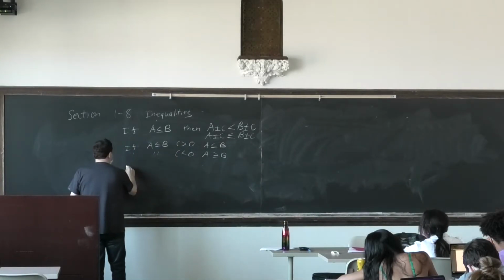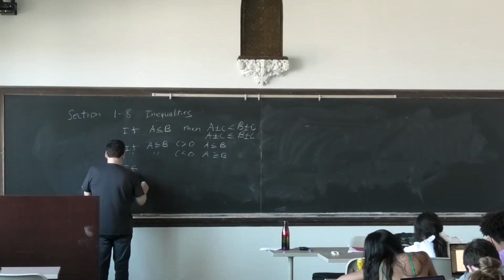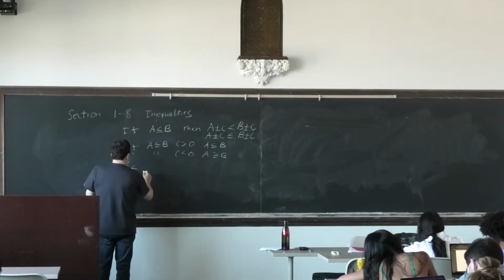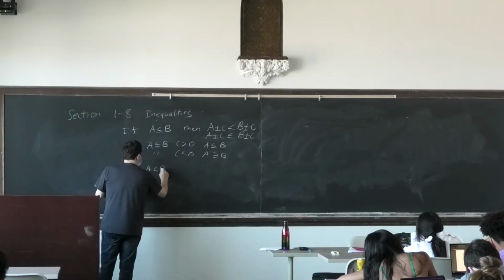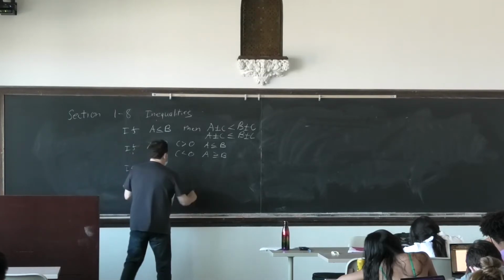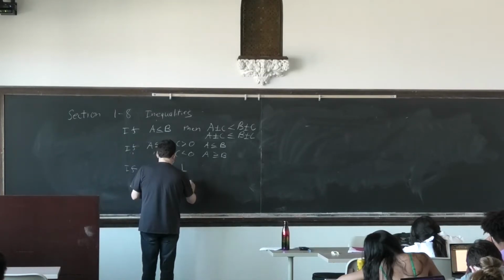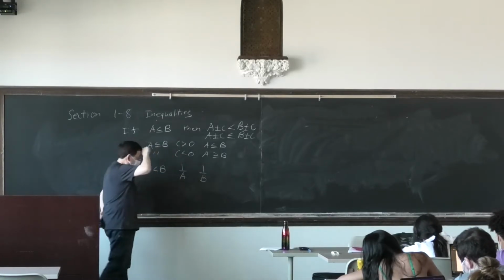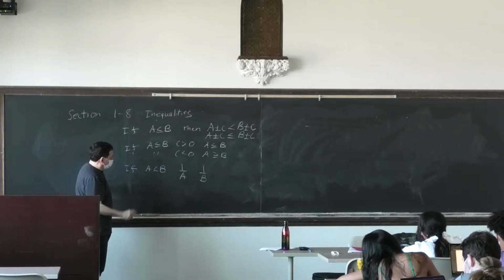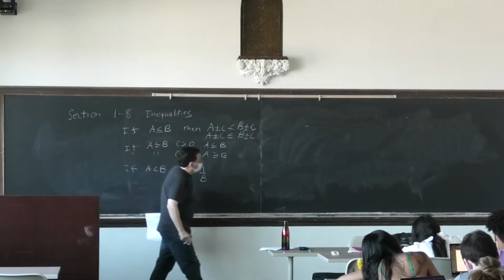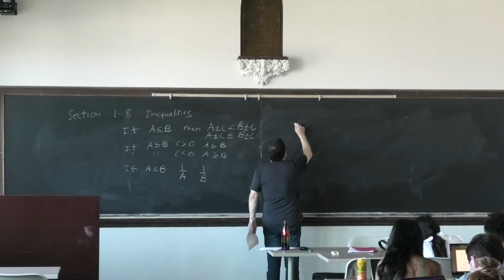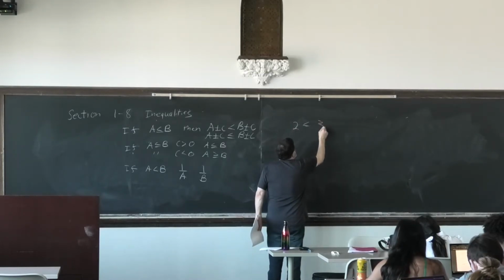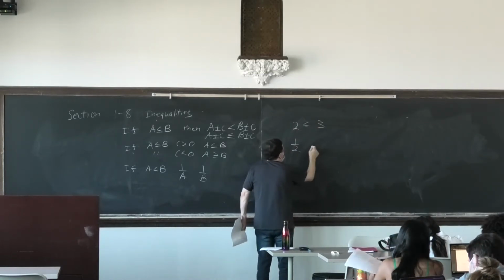Now, A is less than B. What happens to 1 over A and 1 over B? Take an example. 2 is less than 3, so look at 1/2 and 1/3.